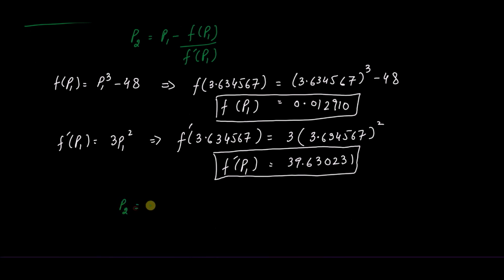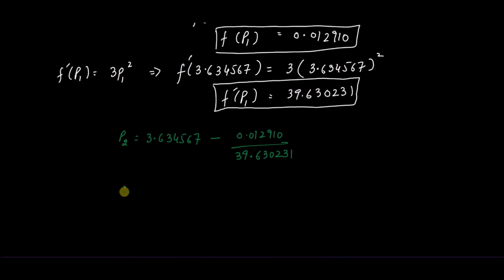So we have P2 equal to 3.634567, that is the value of P1, minus 0.012910 divided by 39.630231. After solving, we will get P2 is equal to 3.634241.